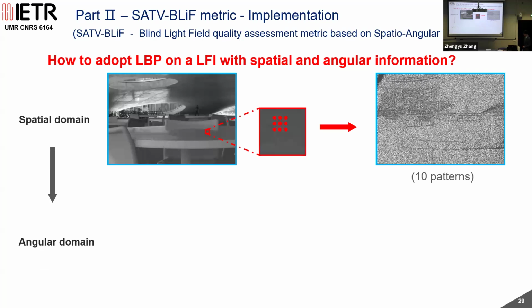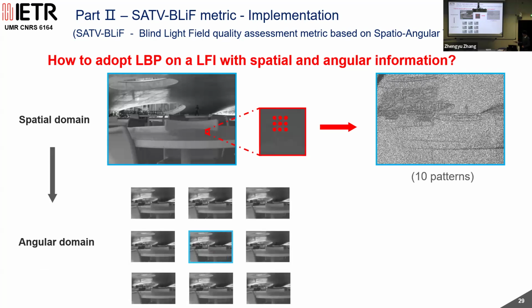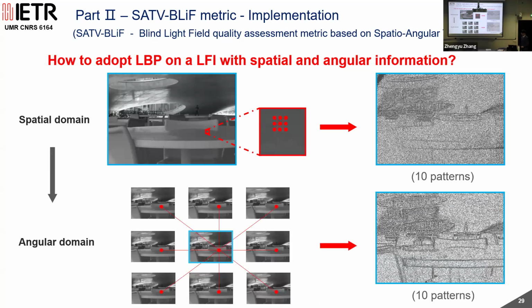Then we extend this operation to the angular domain. For each pixel in a single view, we consider the same pixel of the neighboring views as the neighboring pixels in the angular domain. In this way, we can also get the angular textural map with 10 patterns.